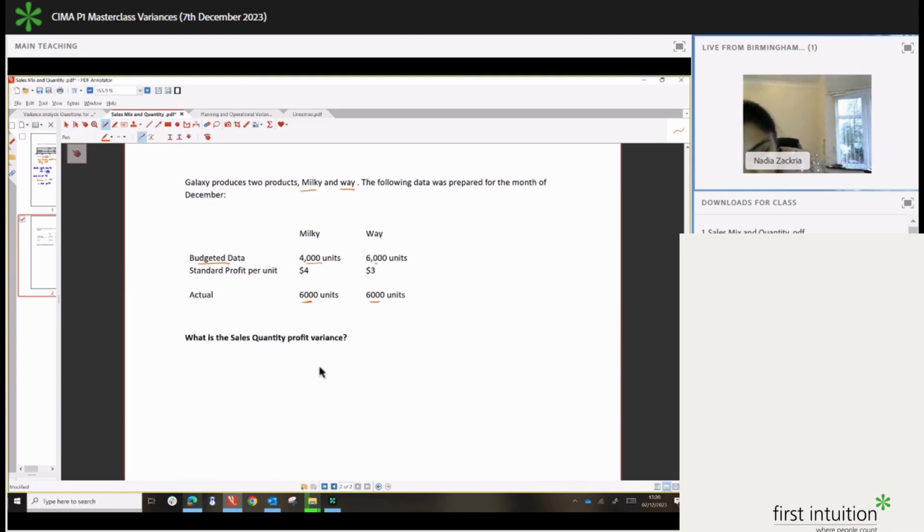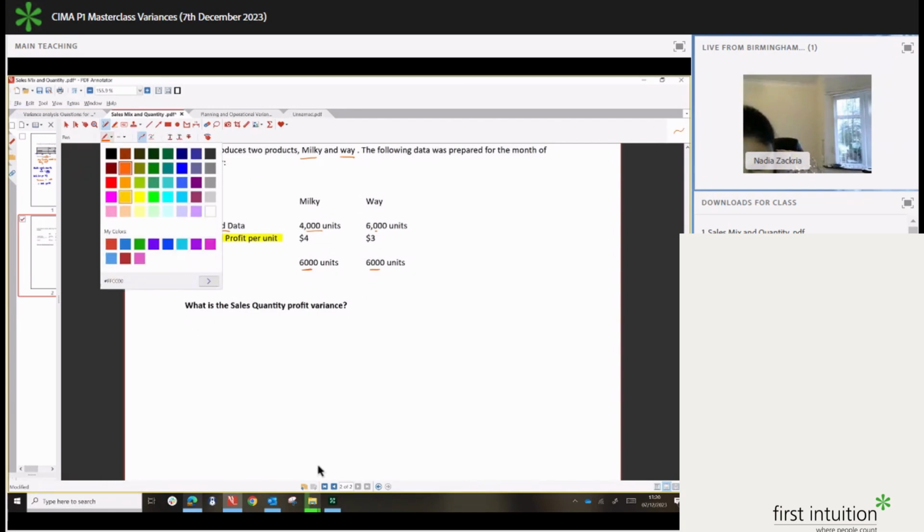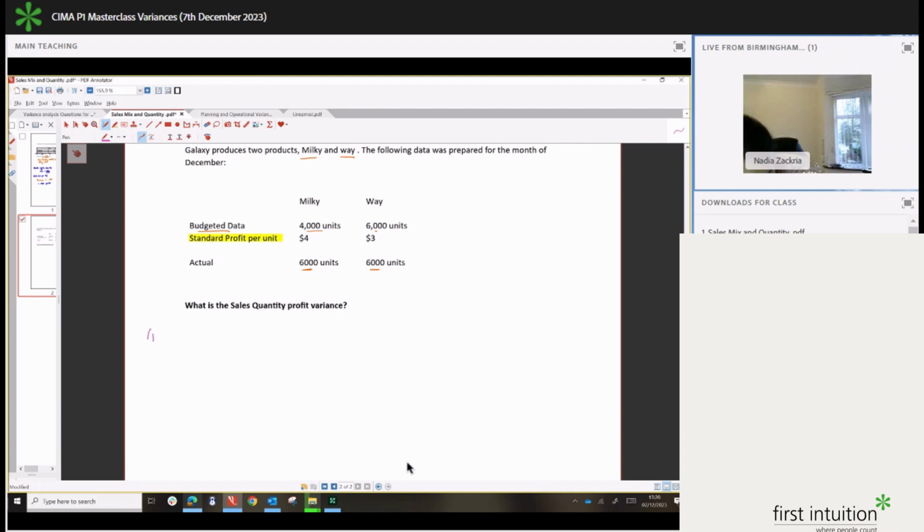Right? We've been given the standard profit. So step number 1 is to work out total budgeted profit, which is we had budgeted to sell 4,000 units at $4 each.